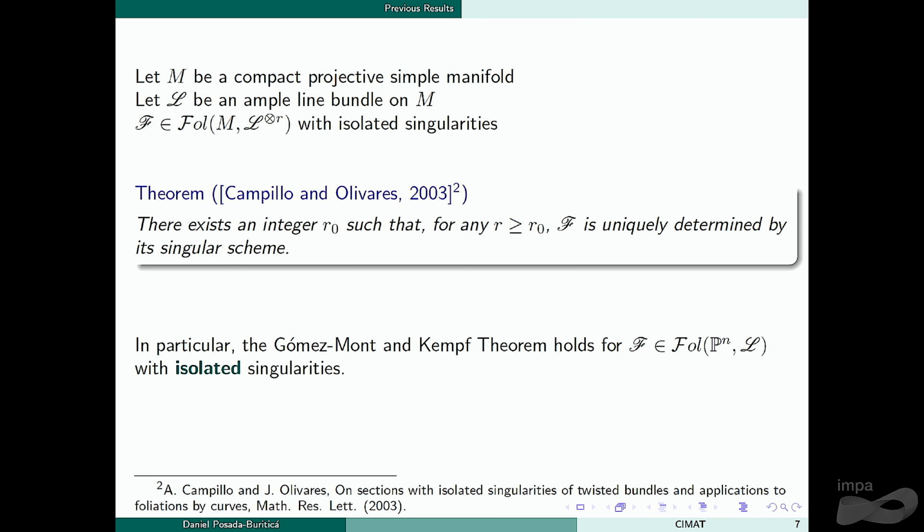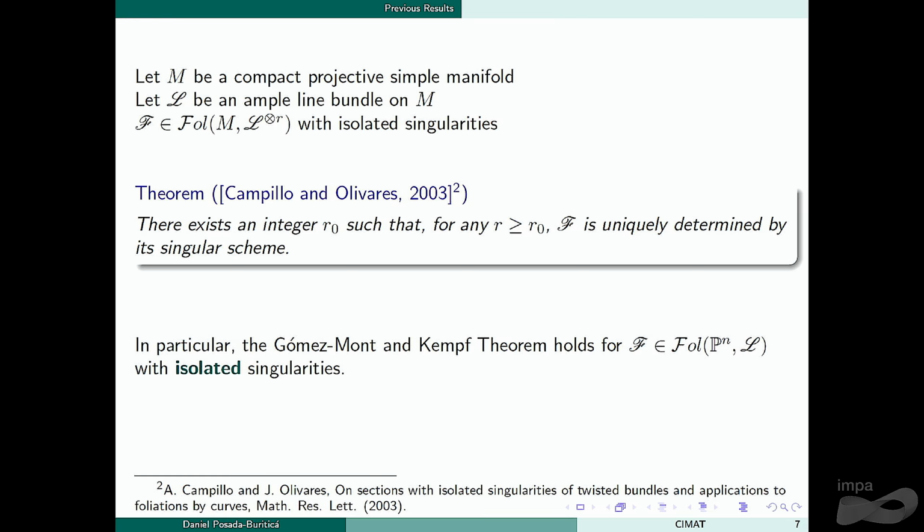In a more general setting, when the complex manifold is a compact projective simple manifold, where simple means that the tangent bundle is simple, and that means that the global endomorphisms of the tangent bundle are the scalar multiples of the identity. Let L be an ample line bundle on the complex manifold and consider a foliation with isolated singularities.